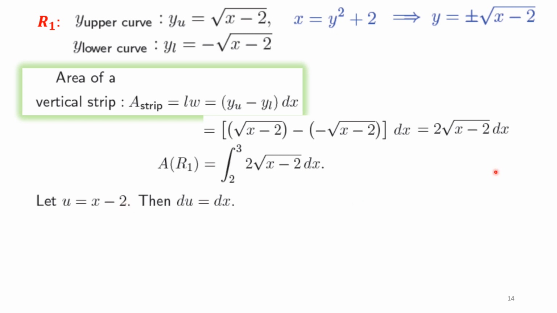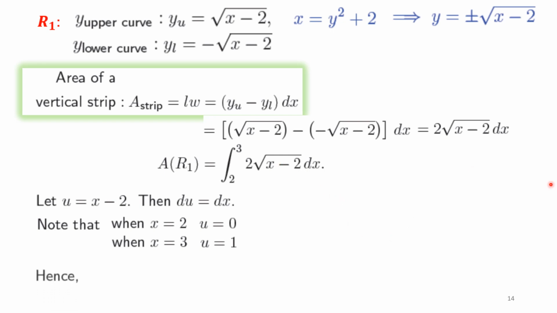Now, since we use substitution, then we have to consider when x is equal to 2. So when x is equal to 2, what will happen to our u? You will have 0 for your u. And when x is equal to 3, what happens to u? You will have u equal to 3 minus 2, so you will have a value equal to 1. So we are now ready for substitution. We come up with the following.